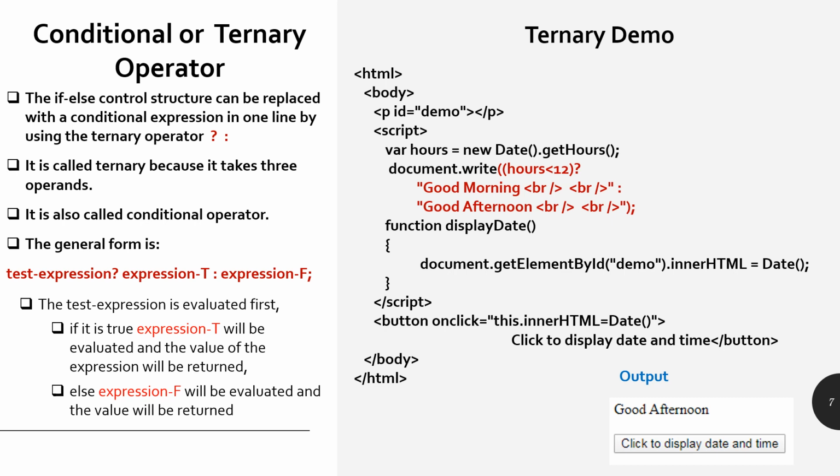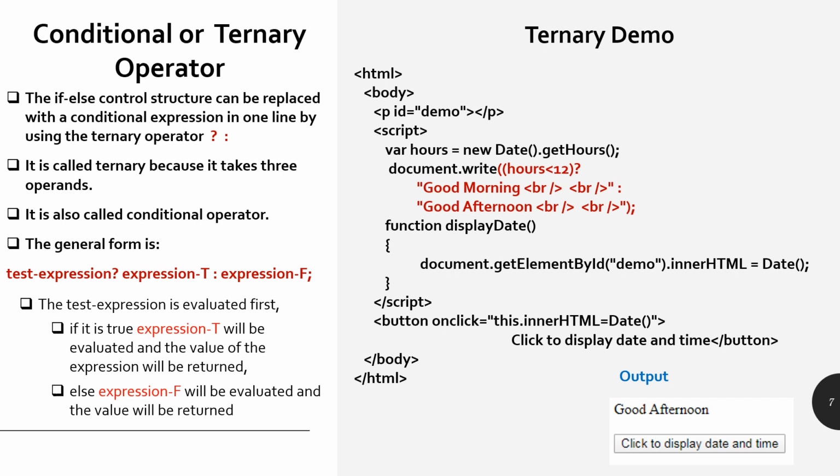As I discussed earlier, the if-else control structure can be replaced using a simple operator itself, called the conditional operator. The operator structure is like this: test condition. If the test condition is true, this true statement will be executed.